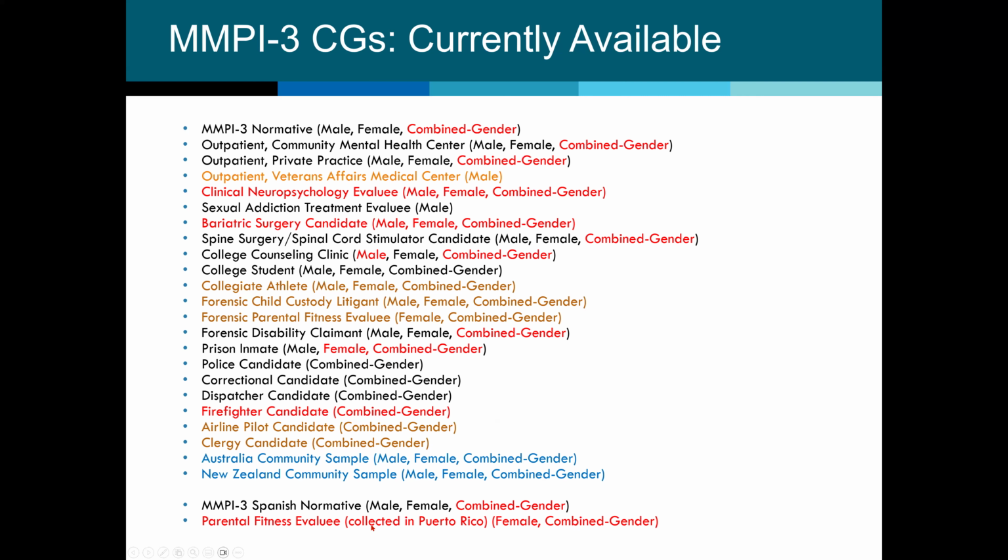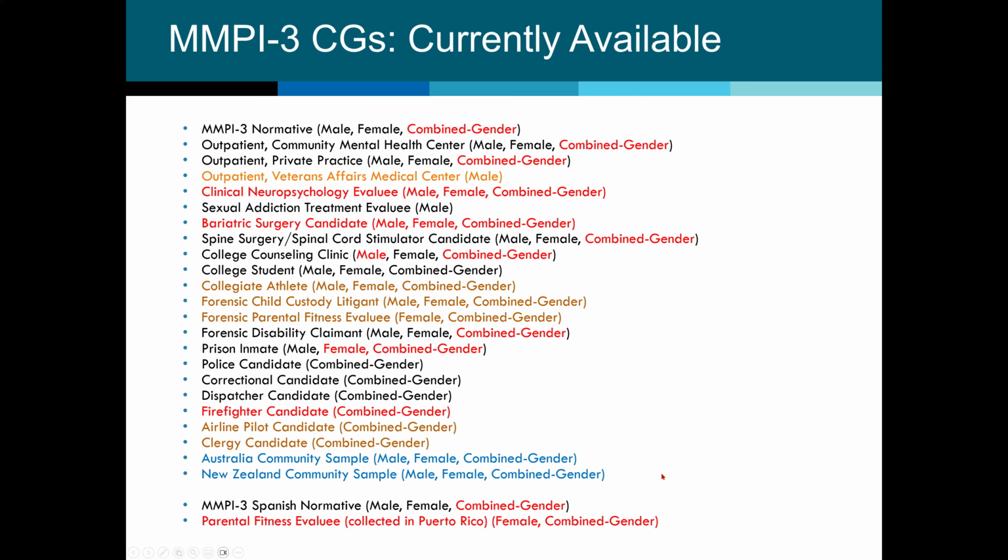And as you can see at the bottom here, we've added to our Spanish language comparison groups a sample of parental fitness evaluees who were assessed in the context of a parental fitness evaluation in Spanish. And in Puerto Rico, we have at this point female and combined gender comparison groups. We're still accumulating cases to also add in the future a male comparison group to go along with the other 2.